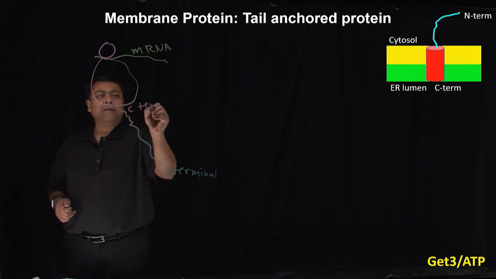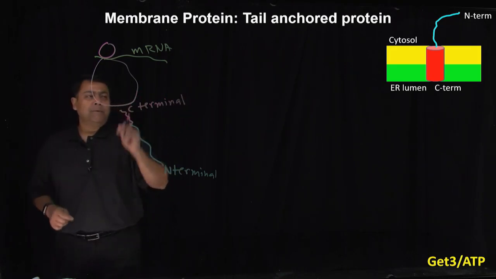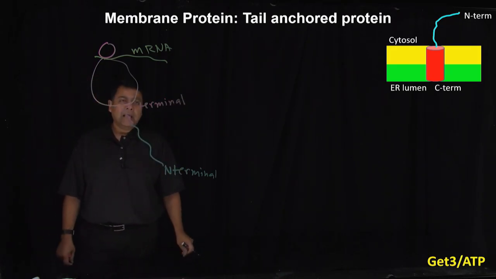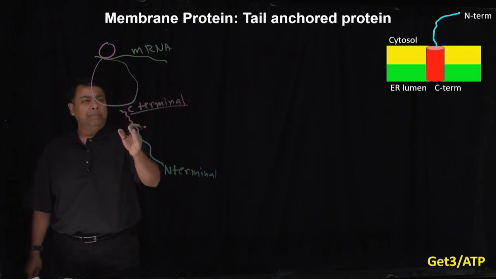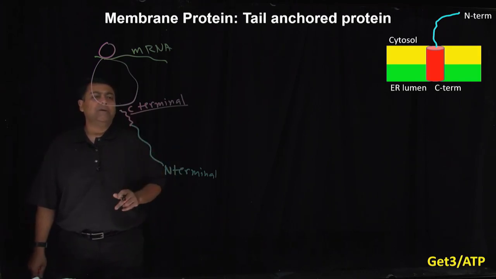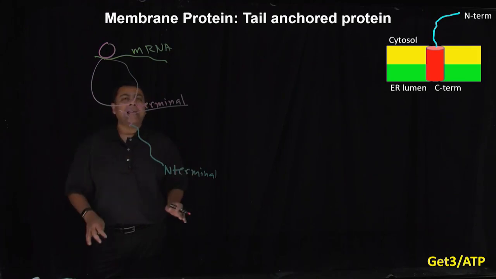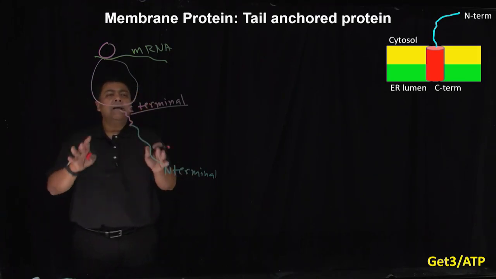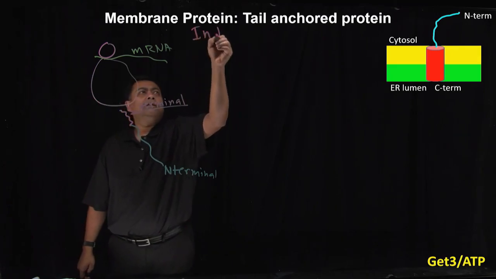This is the C-terminal, which is basically the transmembrane domain as well. And this C-terminal will not appear out of the ribosome until the entire protein is synthesized and released into the cytosol. So for tail-anchored protein, the entire protein is synthesized in the cytosol.